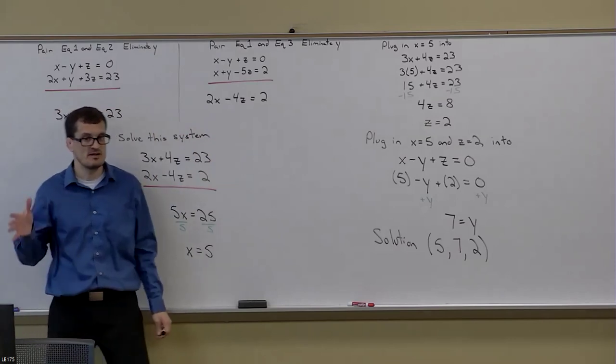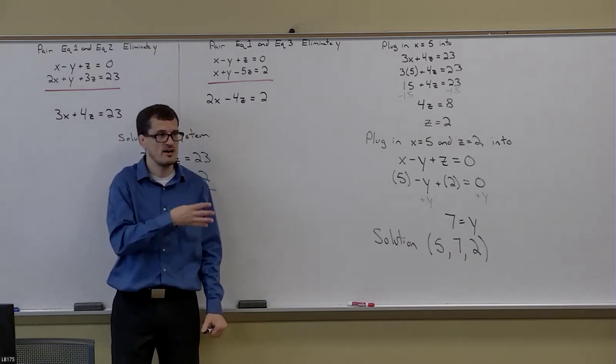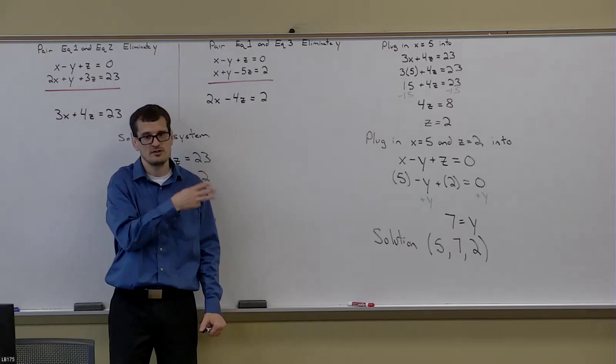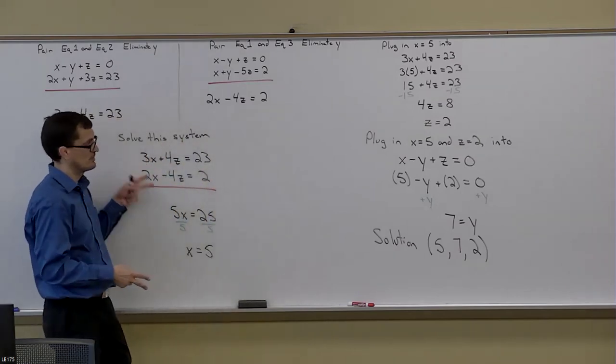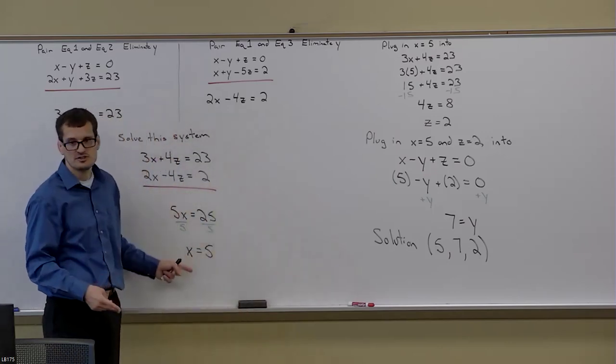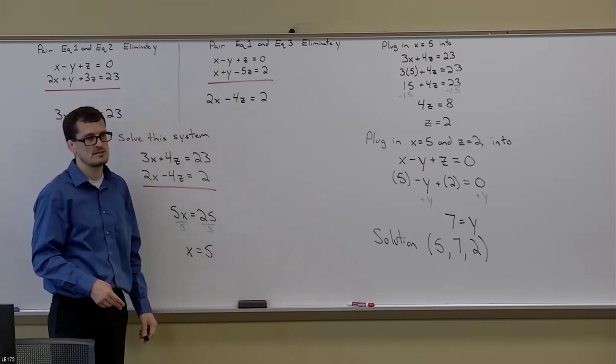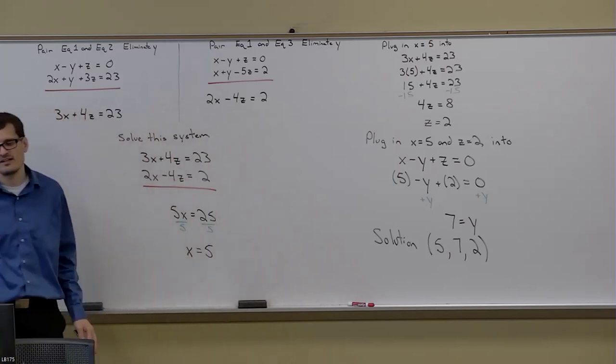And the same thing if you had 5 equations, 5 variables, you keep going down to 4 equations with 4, then 3 with 3, then 2 with 2, and then I guess 1 equation with 1, and you solve that one, and then you work your way back up. So that's the concept.